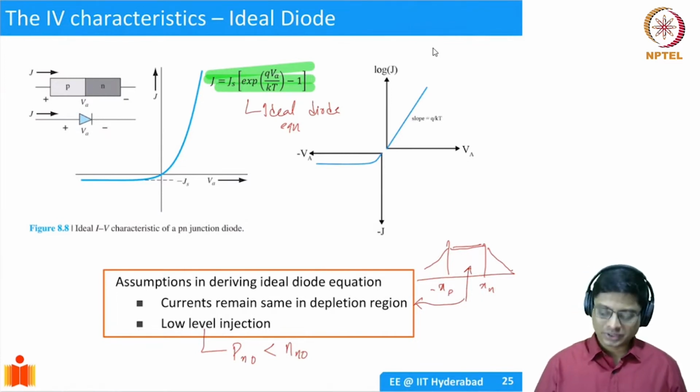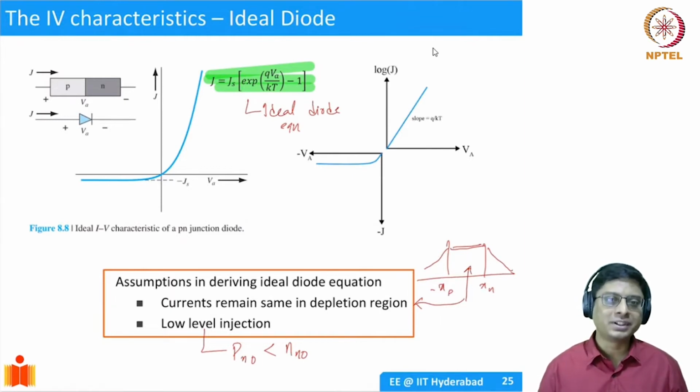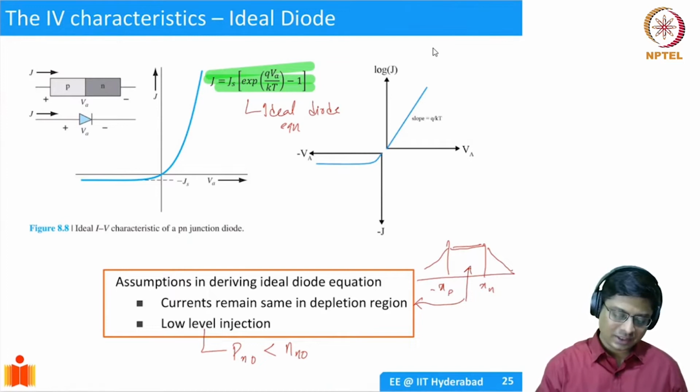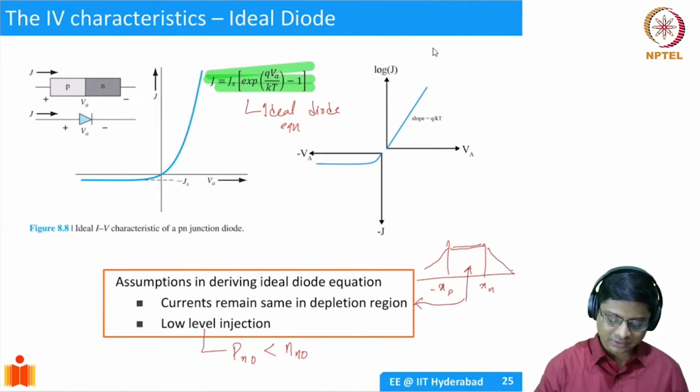But if you try to inject more holes, then we are going to have a region where even the majority carrier concentration is perturbed, and then your current characteristics will be slightly different. So we made these assumptions and derived this, and you must be familiar already with this diode-like action. It's kind of linear in a finite range at small voltages, and there is a threshold voltage that we can define, Vt.